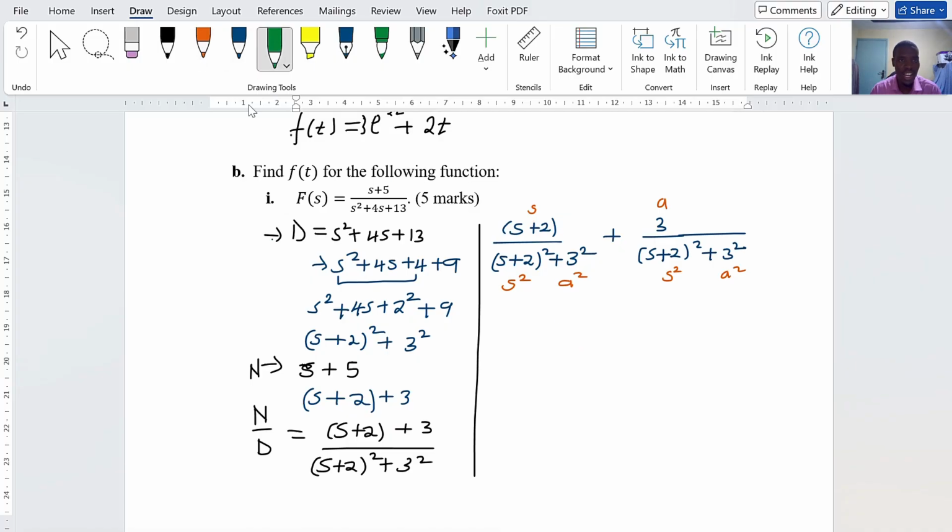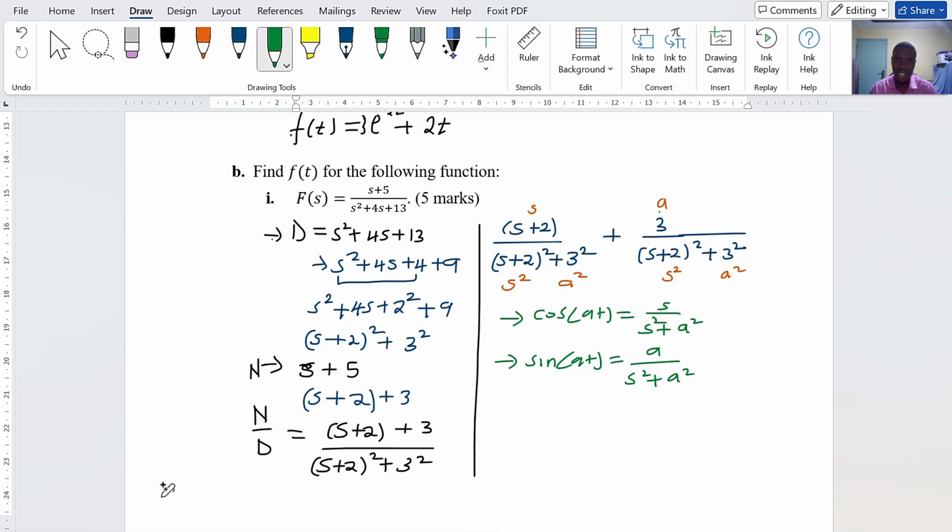Now let's recall our functions. We know that for cos at, we have s over s squared plus a squared. Again, for sin at, we have a over s squared plus a squared.